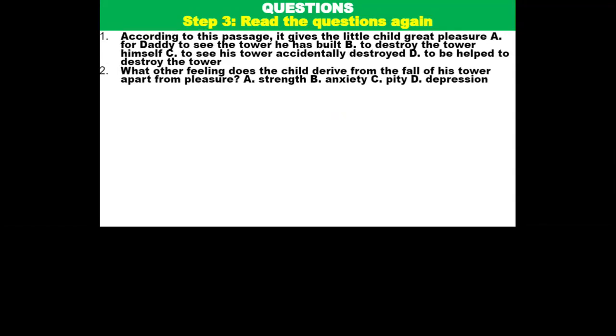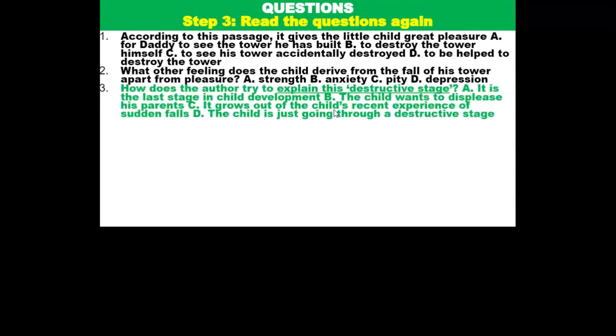But first, remember, you need to go through the options A, B, C, D in the question, and then go back to the passage and figure out the answer by using these context clues. Now let's attempt to do this. We can see question 1 here, but we are concerned with question 3, because that is Vivian's question.